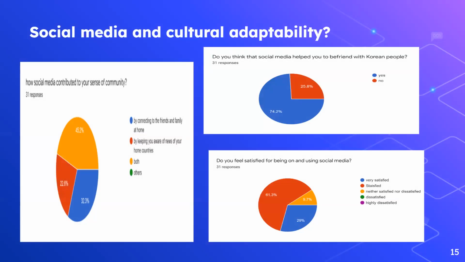Social media also helps people to connect with their loved ones in their home country and country fellows in Korea. It also allowed people to get news related to their home countries, thus strengthening their sense of community.